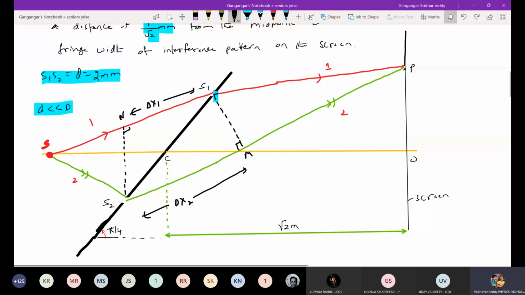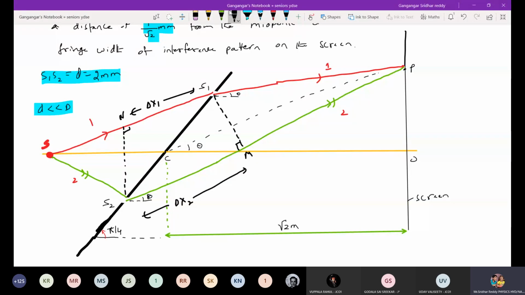This will be theta, and this will be theta, and this will be theta.